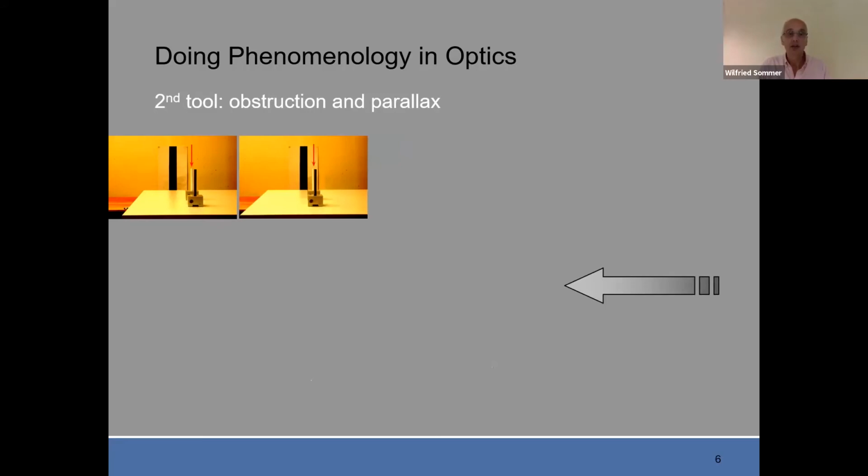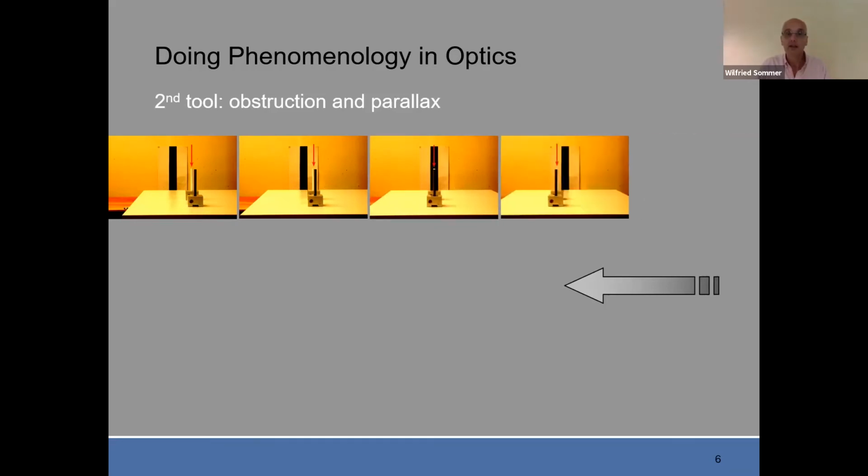And now with that left shift, you see that the relation between the white and the black bar changes while moving the table. Now all three objects are aligned.